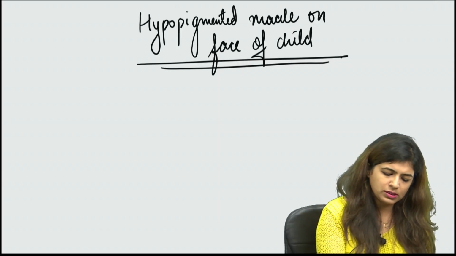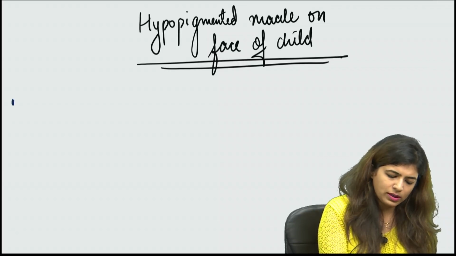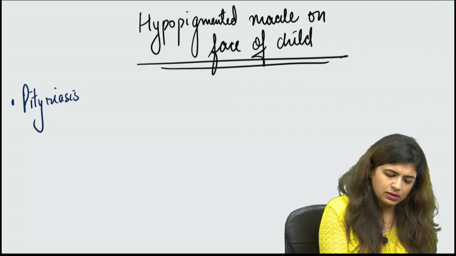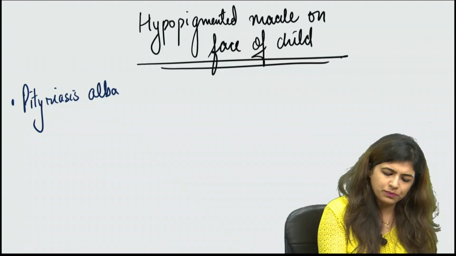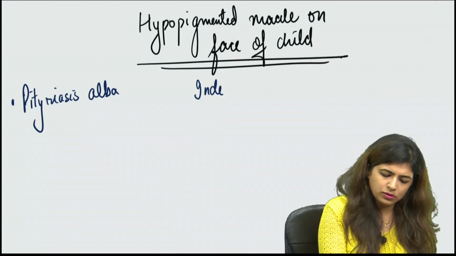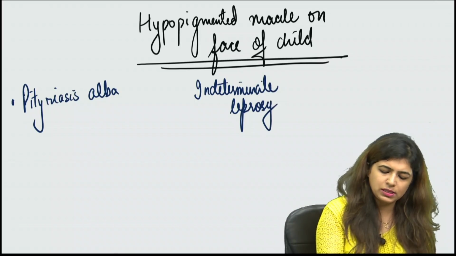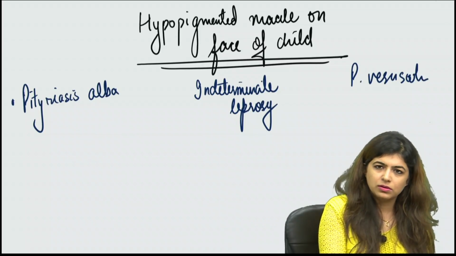So my options here are number 1, pityriasis alba, number 2 is indeterminate leprosy, and number 3 is pityriasis versicolor.